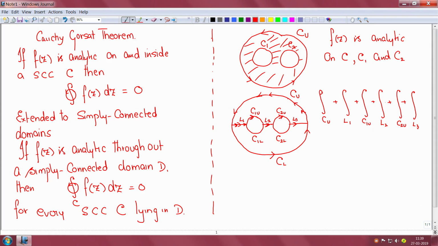So, this integral of f of z dz is equal to 0.